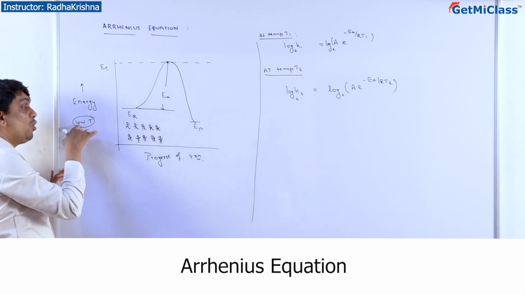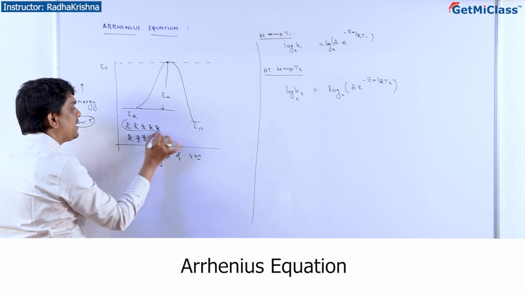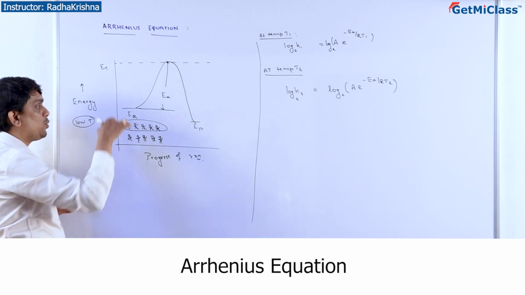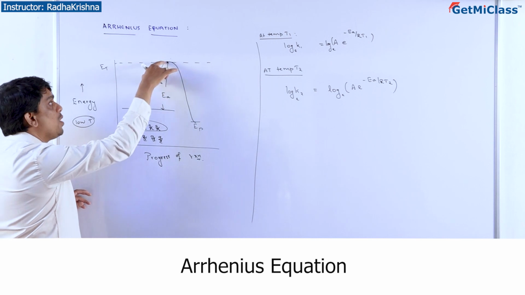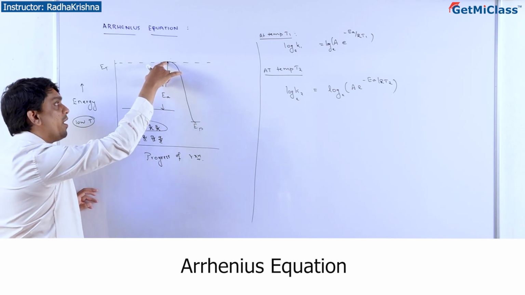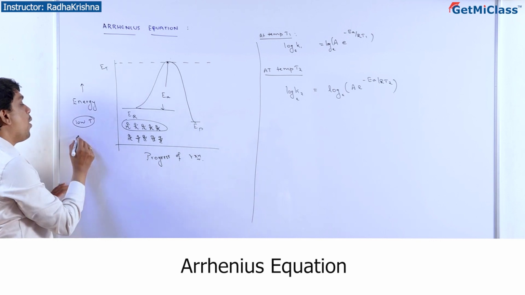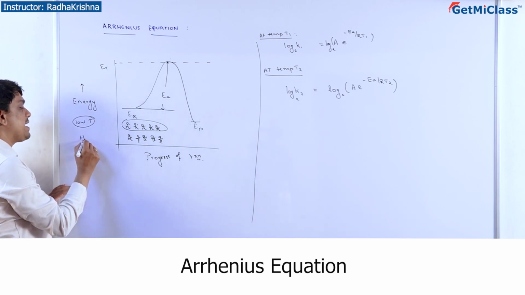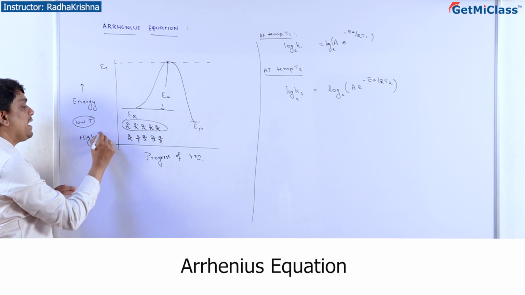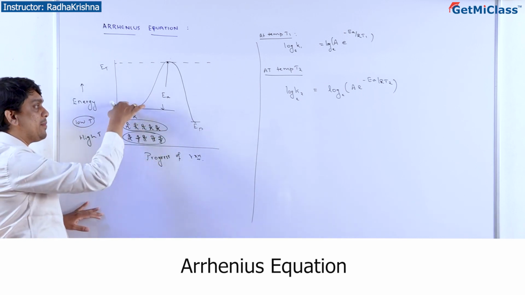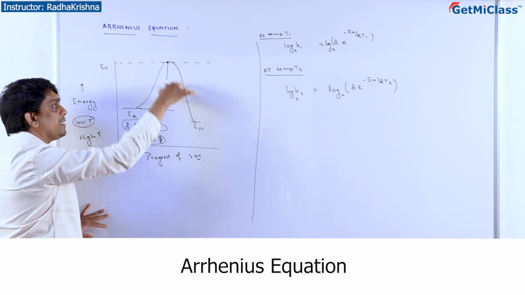Right? At lower temperature you assume that these 5 molecules from the reactant state will become active and will reach the threshold energy point and will be able to give you product. Now when temperature becomes high, all reactant molecules will become active and will cross the barrier.